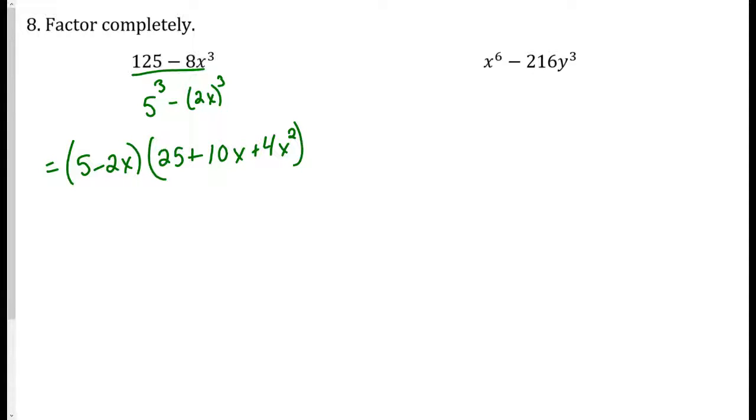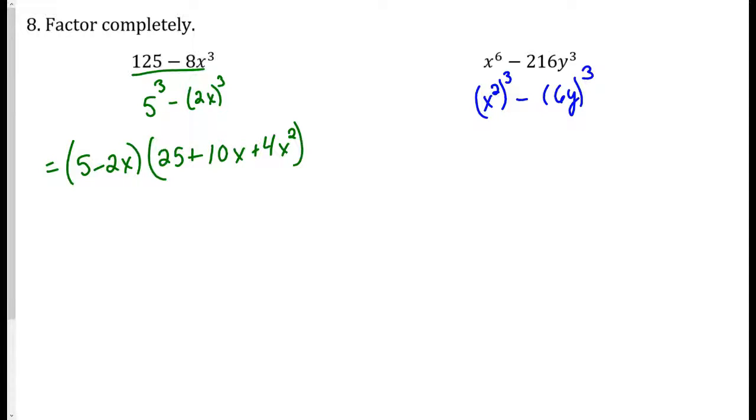Alrighty, b, x to the sixth minus 216y cubed. So hopefully you said, oh wait a minute, that's (x squared) cubed minus (6y) cubed.